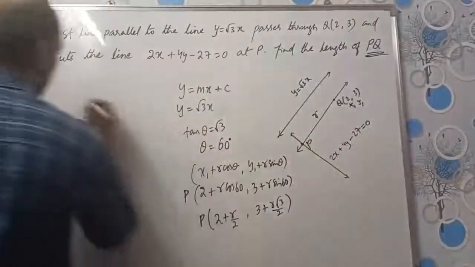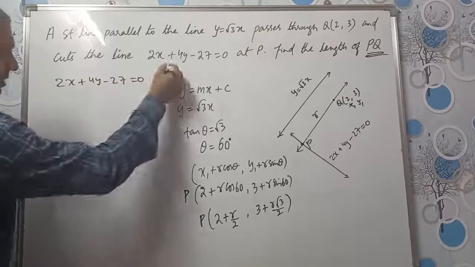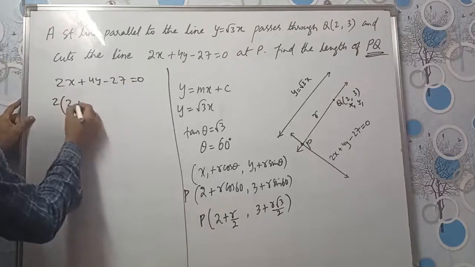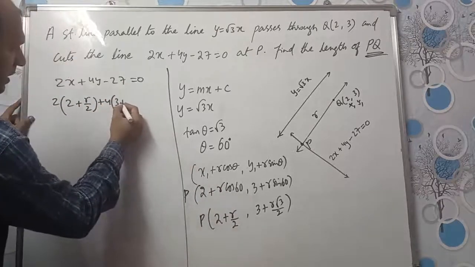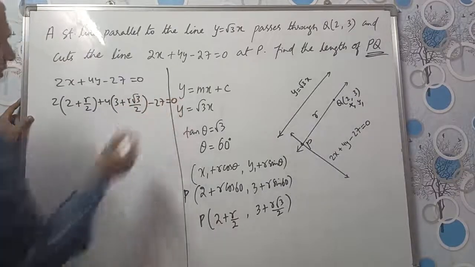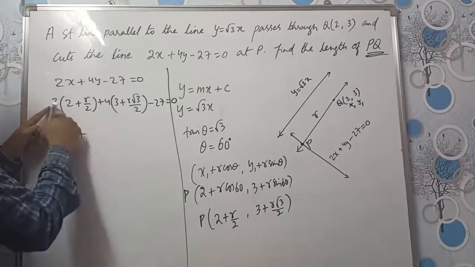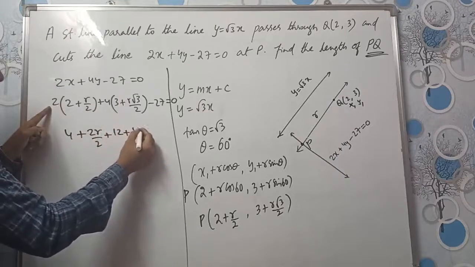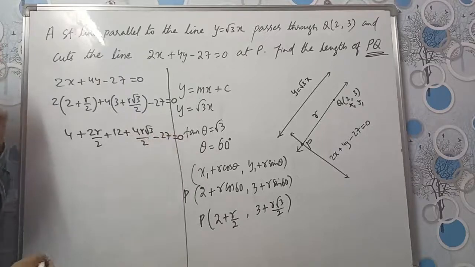Okay, that's how we'll get the value of r. So let us substitute into 2x plus 4y minus 27 is equal to 0. In place of x, let us write 2 plus r by 2, plus 4 multiplied by 3 plus r root 3 by 2, minus 27 is equal to 0. Let us multiply: 2 twos are 4, plus 2r by 2, plus 4 threes are 12, plus 4r root 3 by 2, minus 27 is equal to 0.